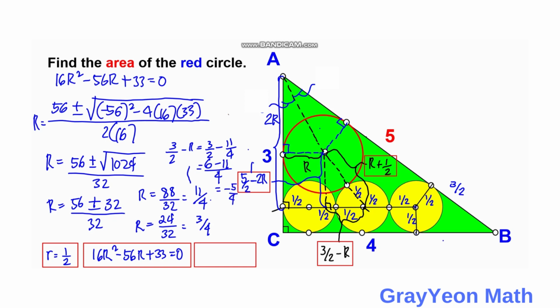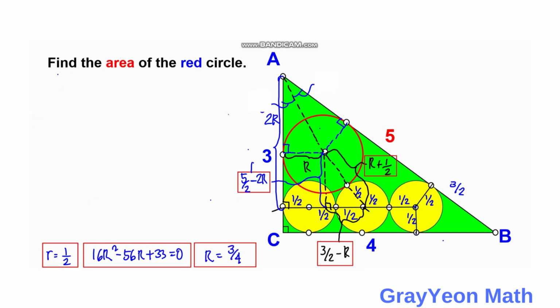Since this results in a negative length, this is actually invalid. So we only get 3/4. If we plug it in, 3 halves minus 3/4 is 1.5 minus 0.75, so this will be 0.75. So it will be okay. So r is equal to 3 over 4.